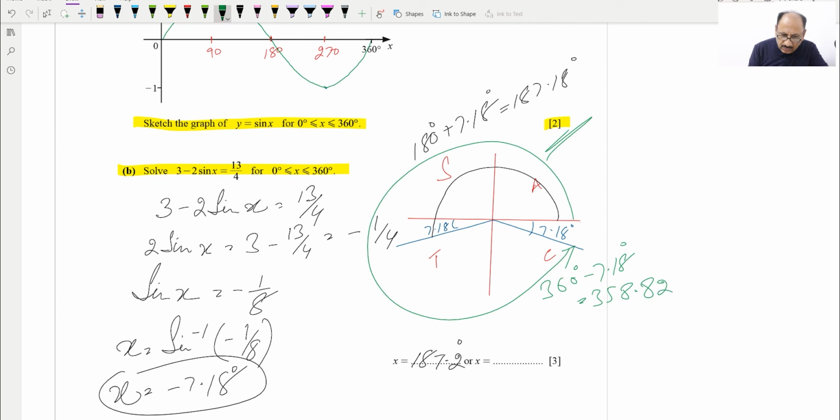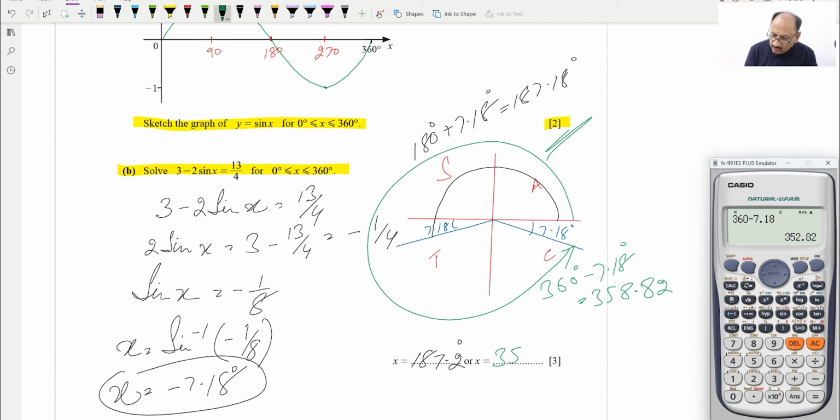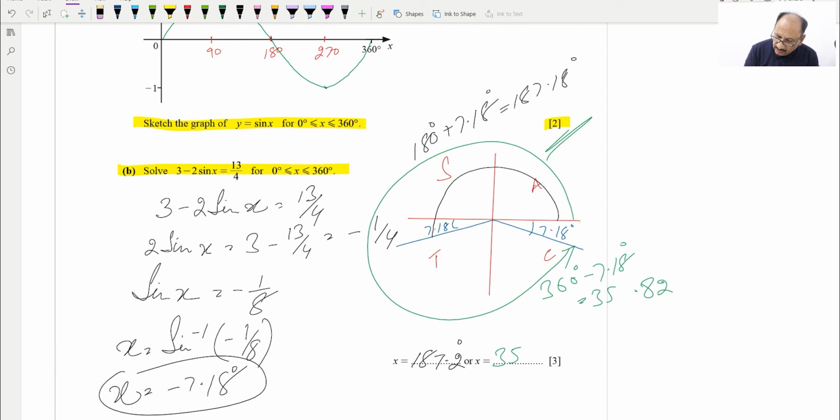So this will be 352.8 degrees, and this is a 3-mark question.